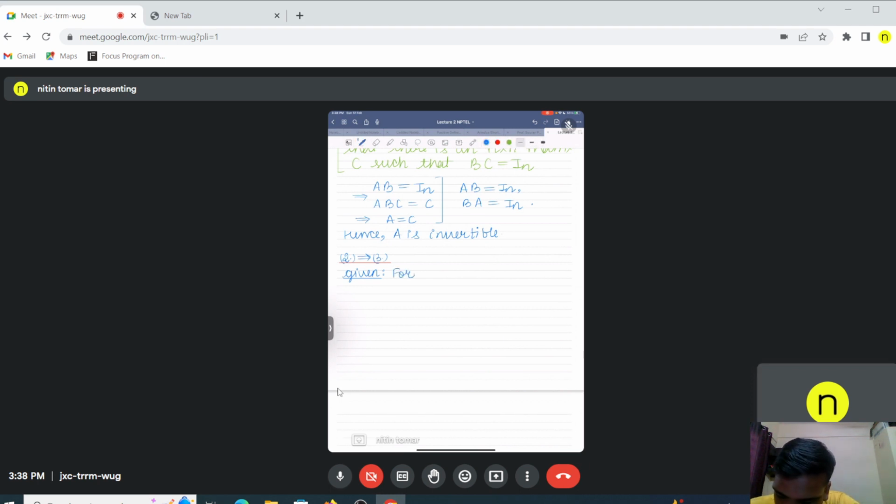So what are we given? For every b in Rn, the system Ax equal to b has a unique solution.